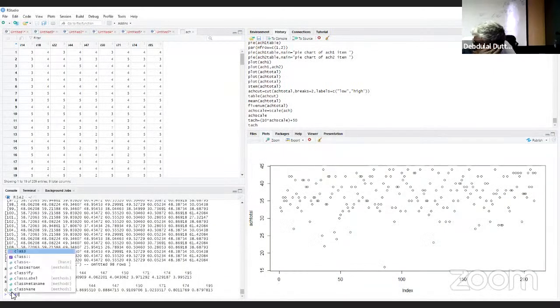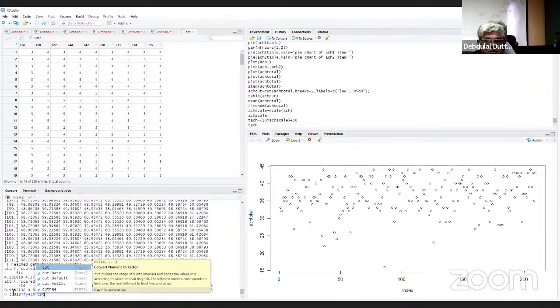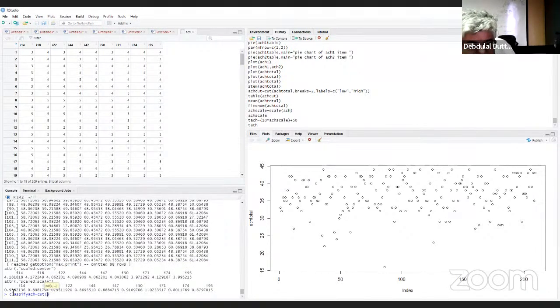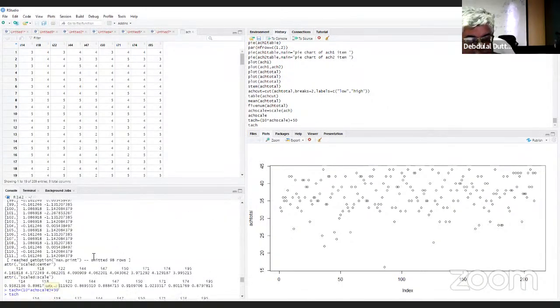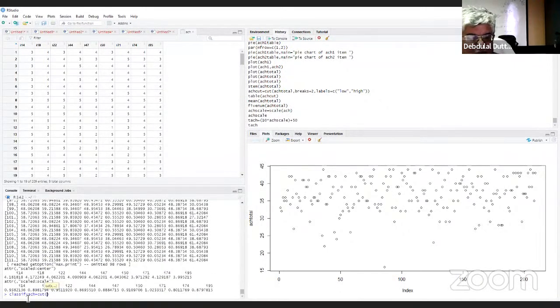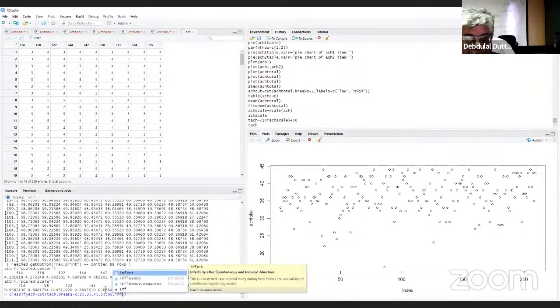So, classify H, as a vector that I'm creating, is equal to cut, then TH, equal to C, and I'm writing infinity, that's 66 and above.